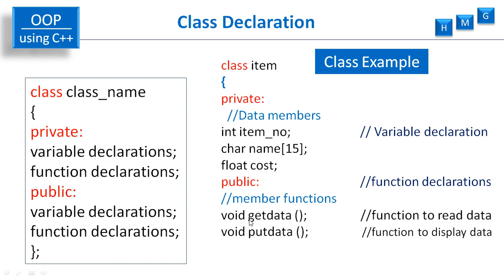So the get data function will perform the input operation to read the data for a class, and put data will display the data on screen. After declaration of member functions, let us end the class with a closing brace followed by a semicolon. So this is how the class is defined, having data members and member functions: the data members in the private section and member functions in the public section.